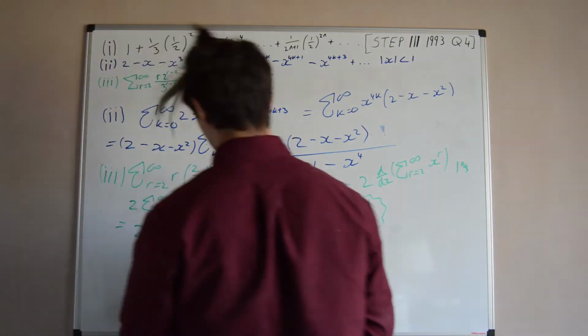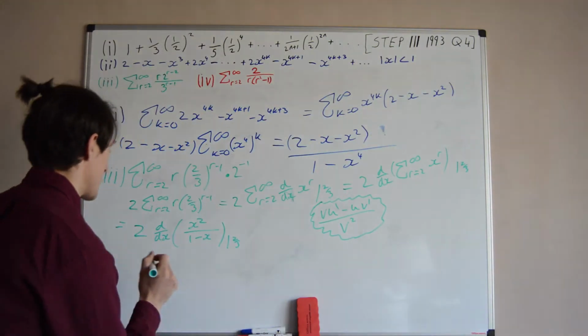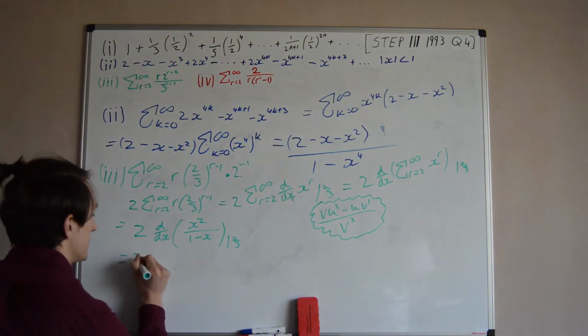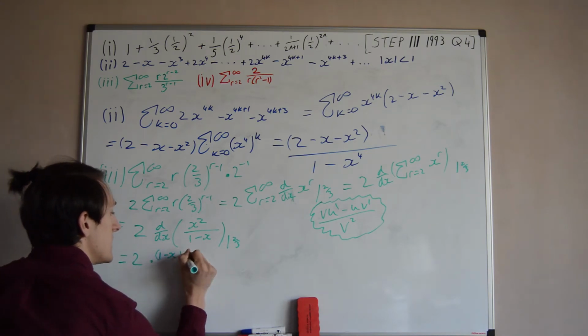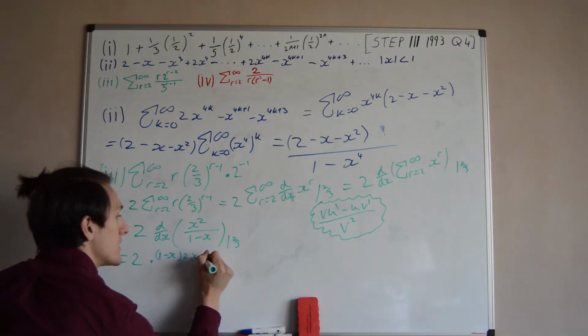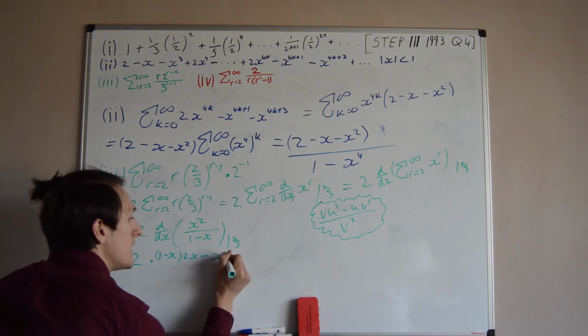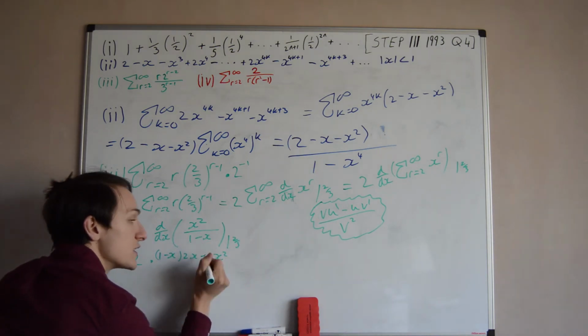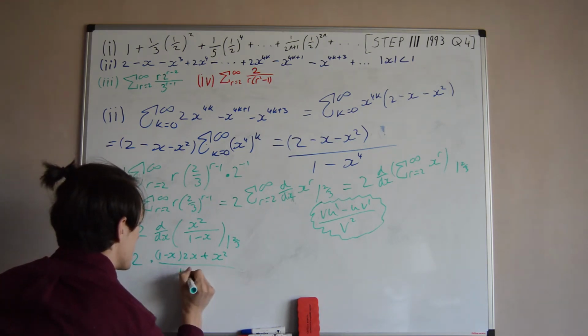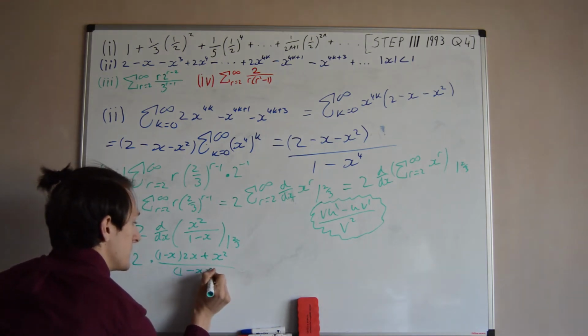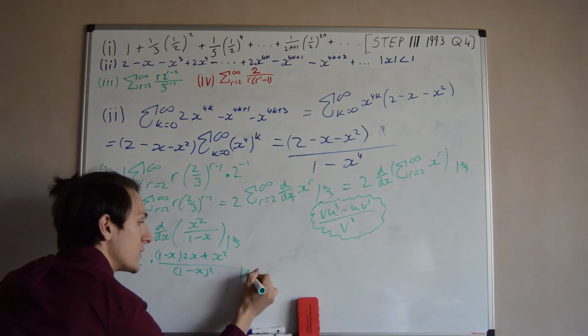Differentiating this with respect to x, I'm going to get 2 times v, which is the bottom thing, 1 minus x, times the differential of the top thing, and minus the top thing times the differential of the bottom thing. The differential of the bottom thing is minus 1, so this becomes a plus, and then I divide the entire thing by 1 minus x squared, and this is evaluated at 2 over 3.